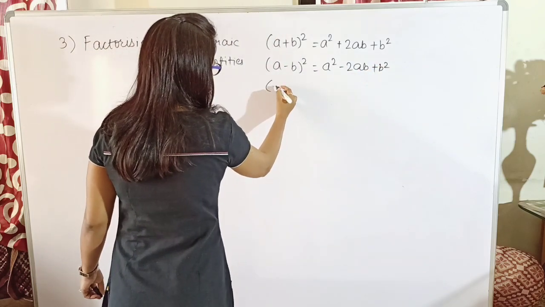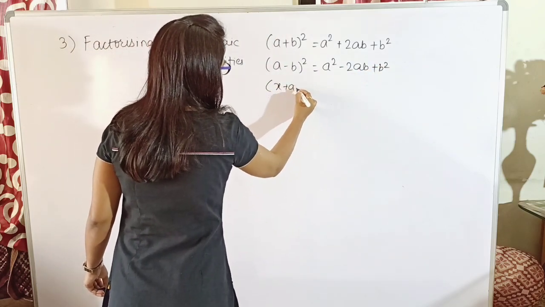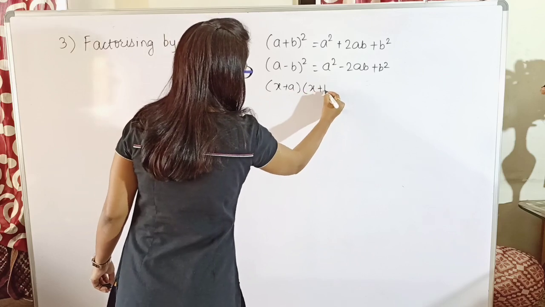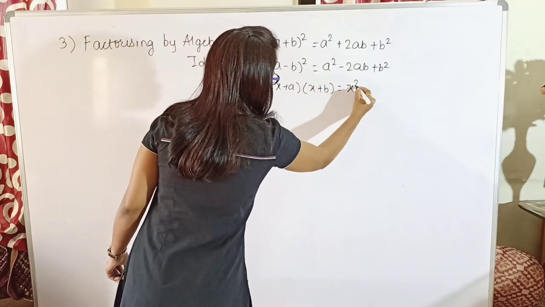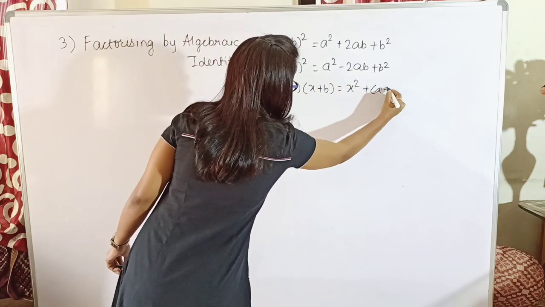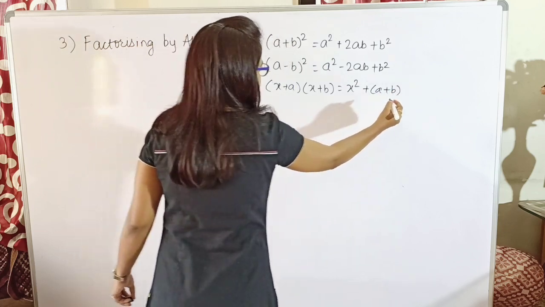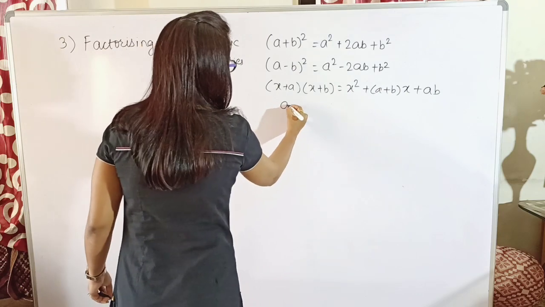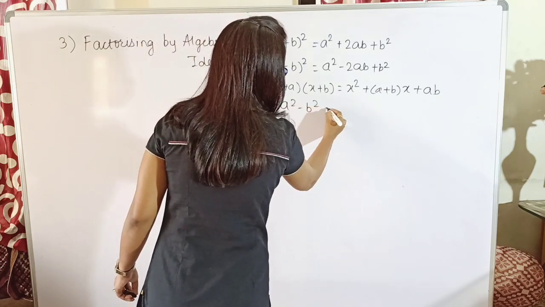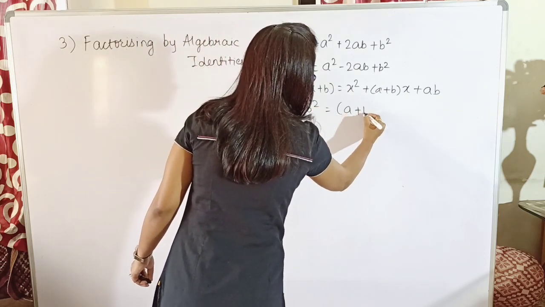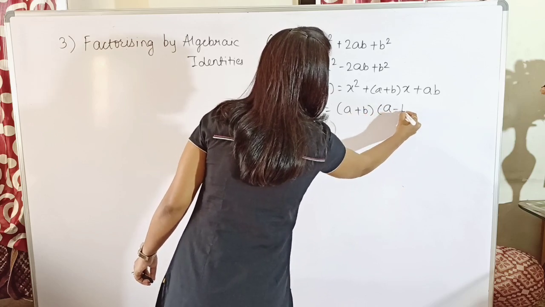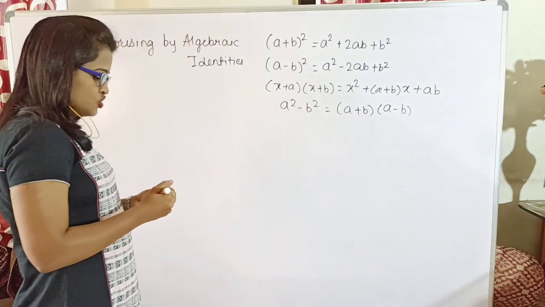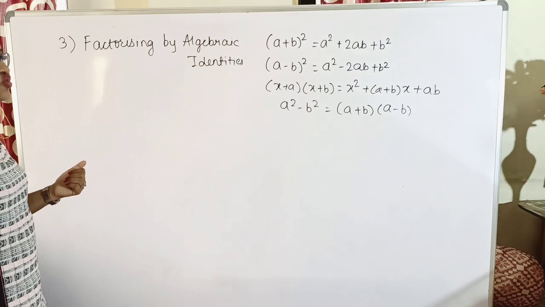The third one is (x plus a) into (x plus b), which gives me x square plus (a plus b)x plus a into b, whereas the last one is a square minus b square, which gives me (a plus b) into (a minus b). So these are the four identities which you have learned.